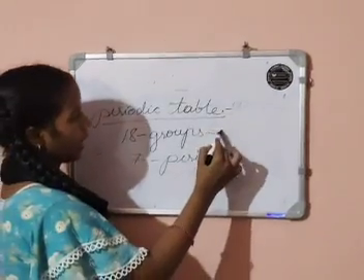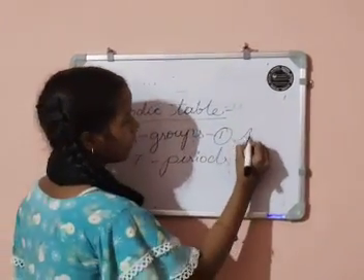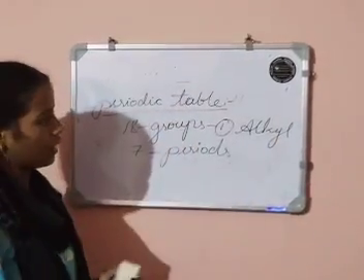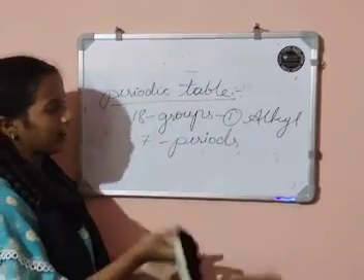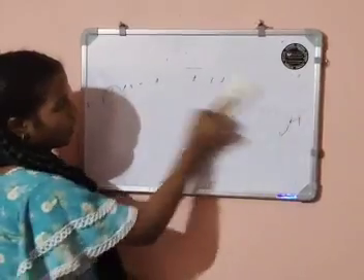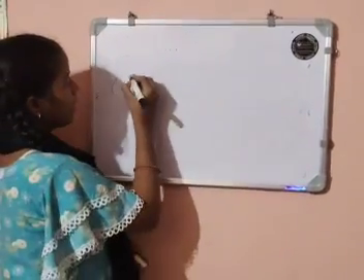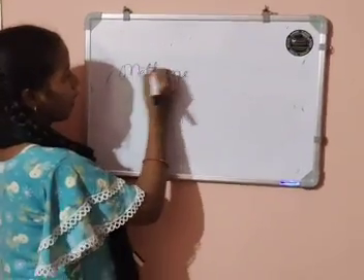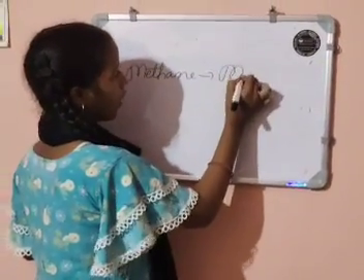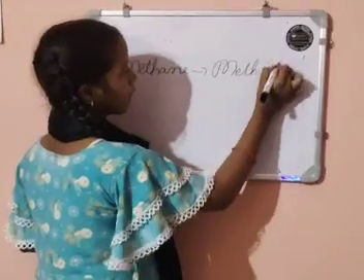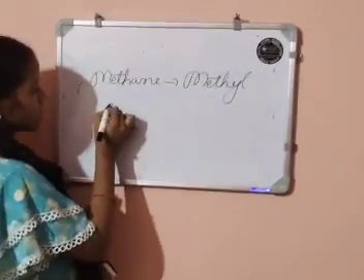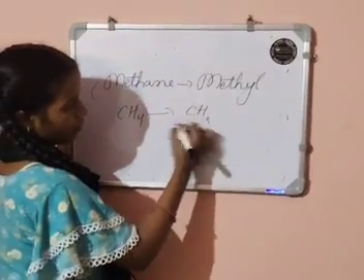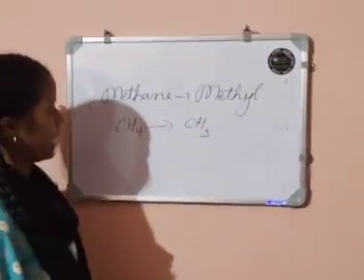In these 18 groups, the first group is alkyl. Before, I chose this one only. To understand, I will write this. Methane transforms to methyl. CH4 and here CH3. One bond is left, so that's why.